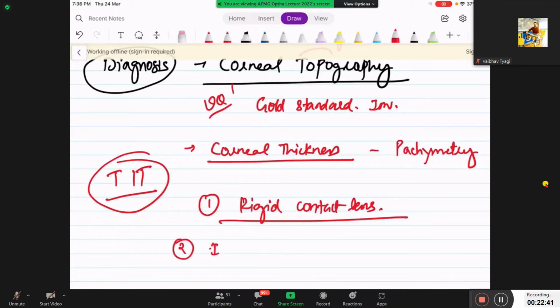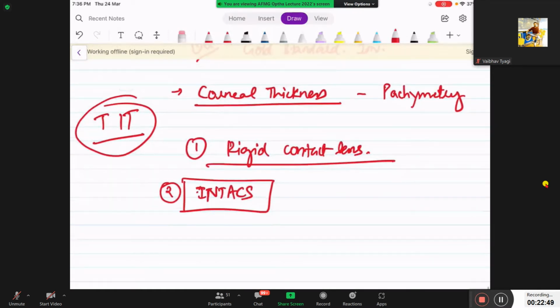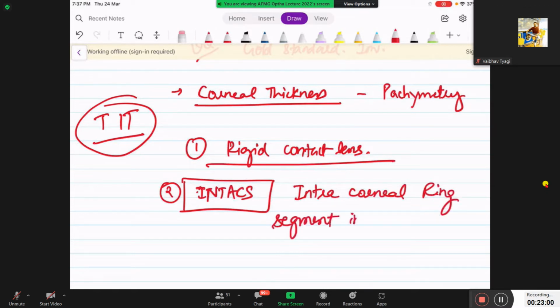Second option, second technique, write down, is called INTACS. The full form is intracorneal ring segment implantation.